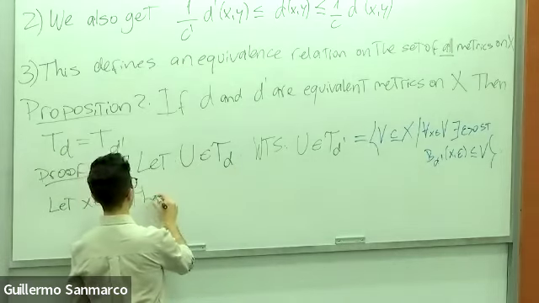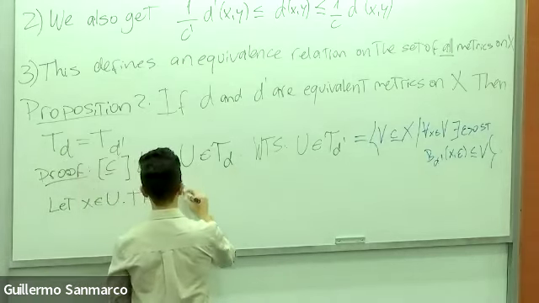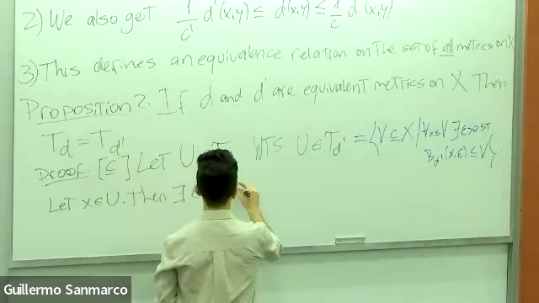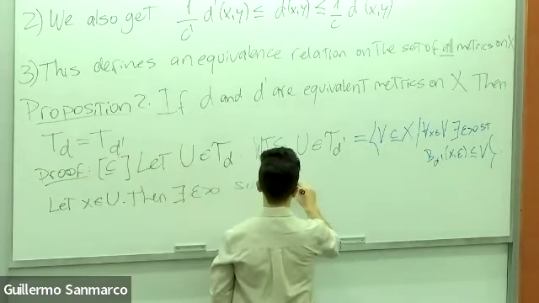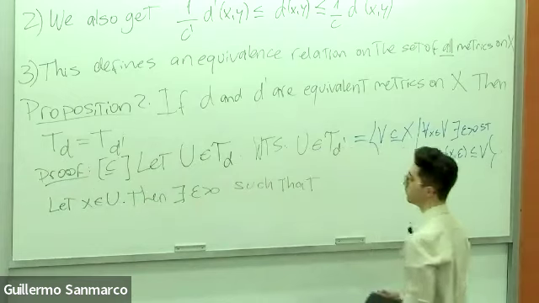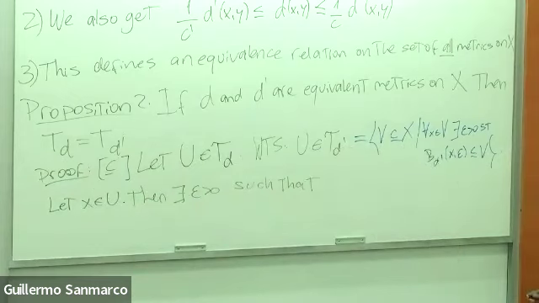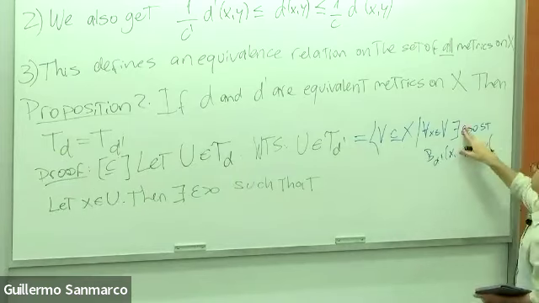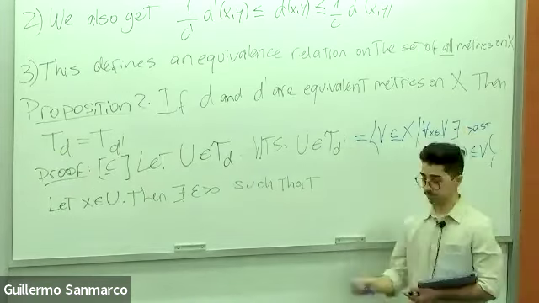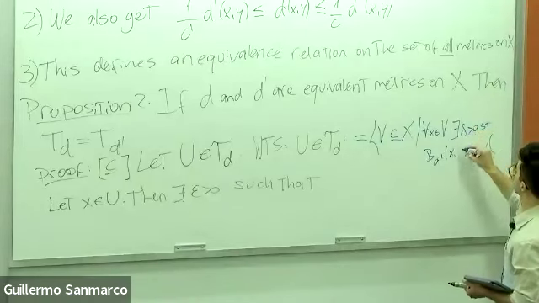If that's the case, for some epsilon, there exists some positive epsilon such that, maybe I have epsilon here. Maybe let's change that to delta so that we don't get confused. It's just a variable.